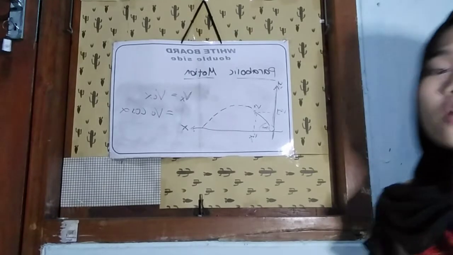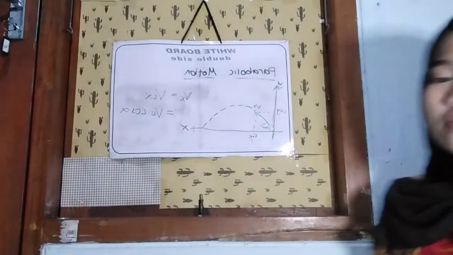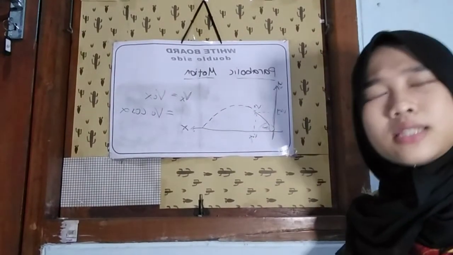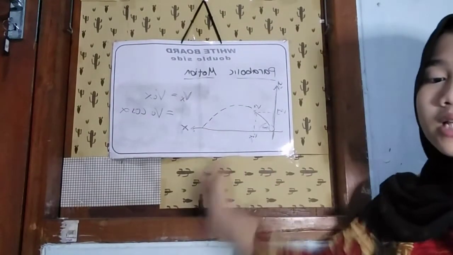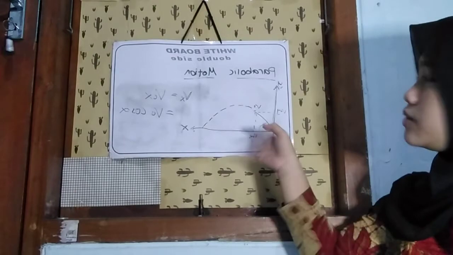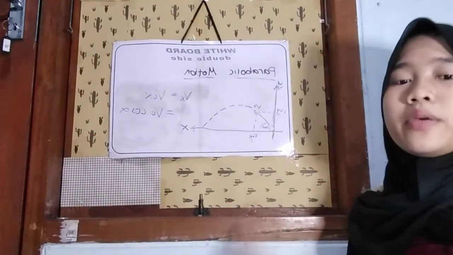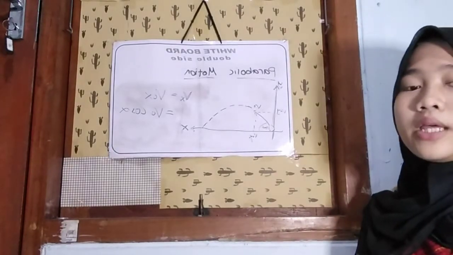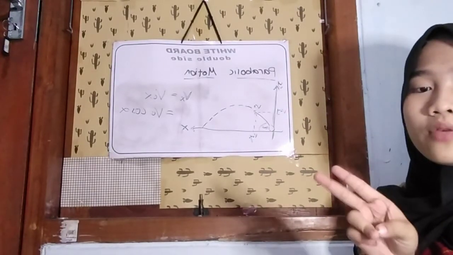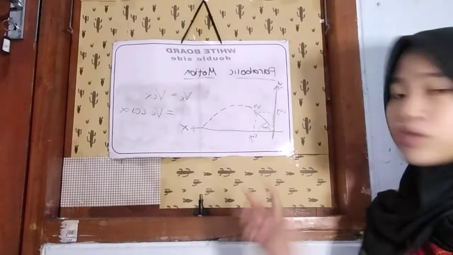The next thing is Sx, the farthest distance, or the horizontal distance, that can be achieved by the object moving in a parabola. Remember, the GLB has one formula and GLBB has two.